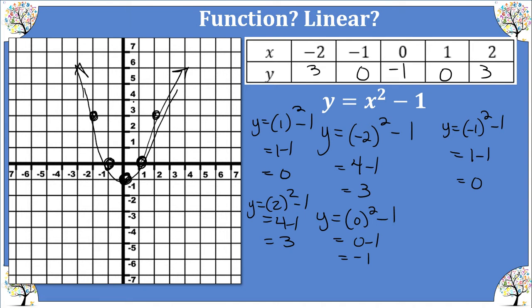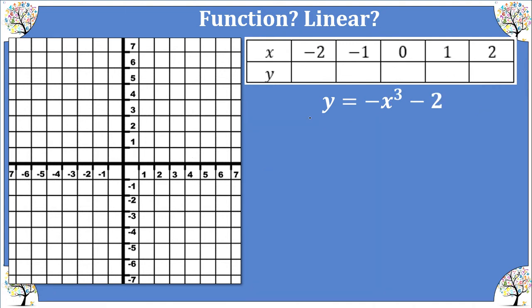It passes the vertical line test. So this is a function, but it's not linear, so non-linear. And you could tell that this exponent was not a 1. That's how we could know without doing all this graph, this needed to be an exponent of 1 to be linear.